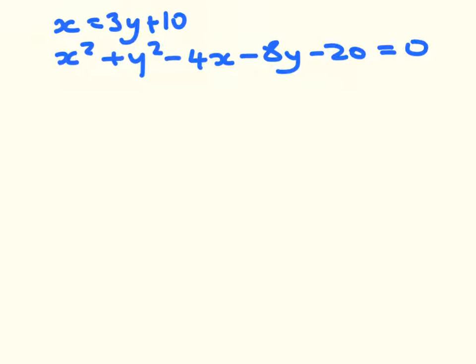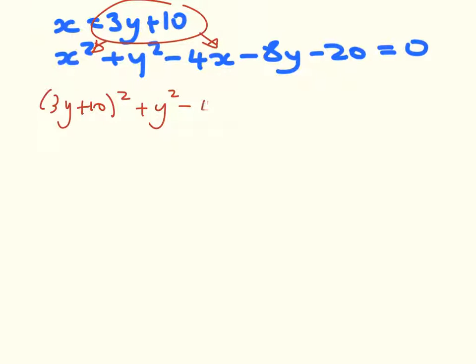Second part of the question, we have to show that this line is also a tangent to this circle. So what we're going to do for that is we're going to substitute 3y plus 10 in the places where we see the x's. So that's going to be 3y plus 10 squared plus y squared minus 4 times 3y plus 10 minus 8y minus 20 equals 0.